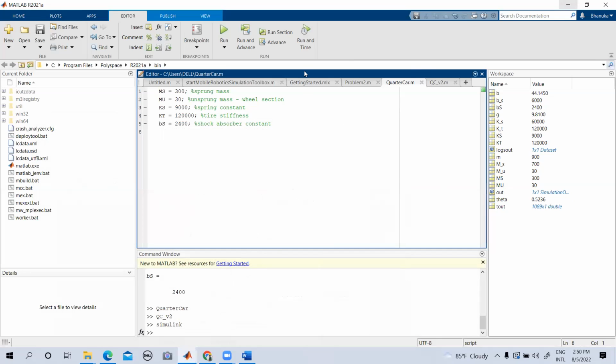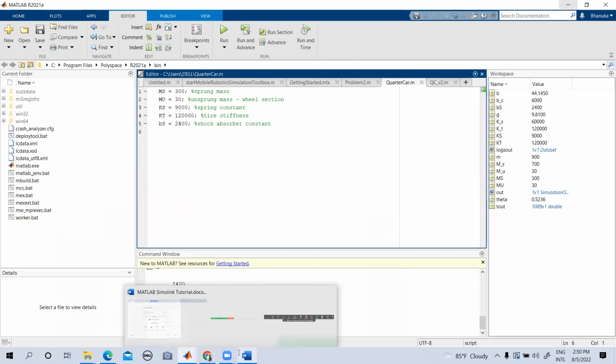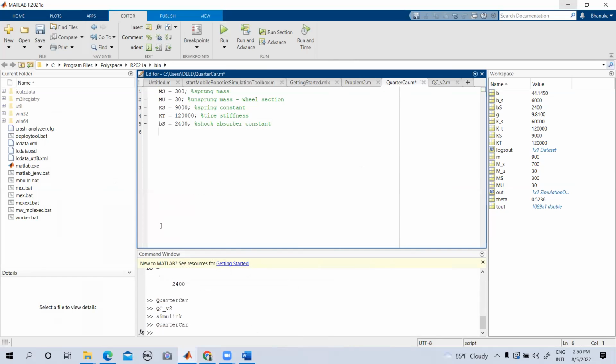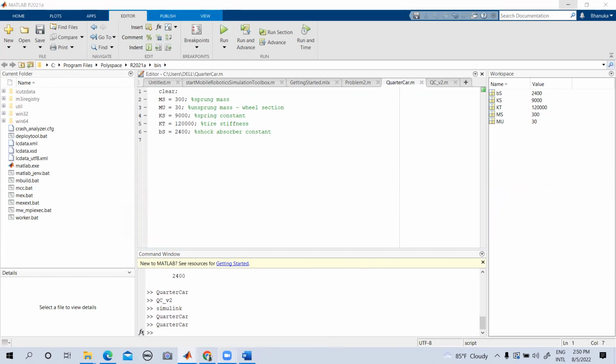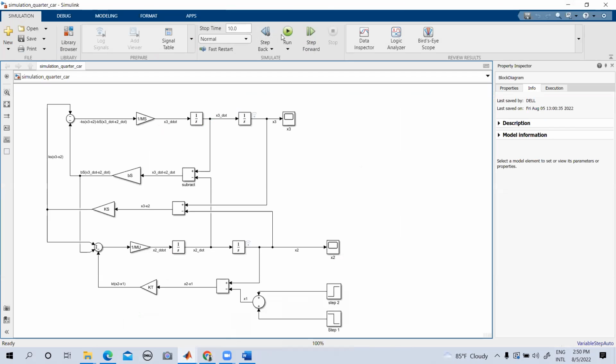Okay, so I will just run this. If I go here and run this as well, you can see the response here. First look at the wheel response.